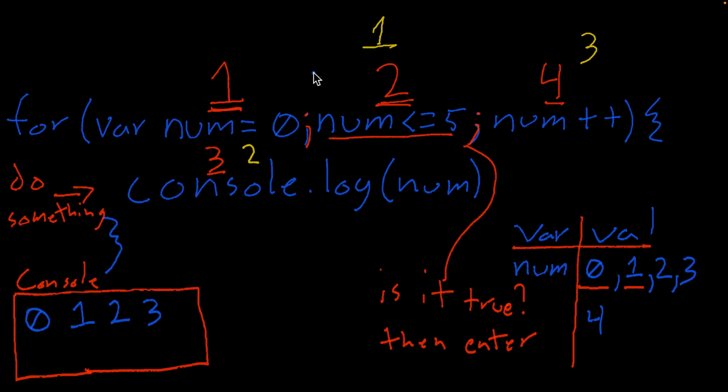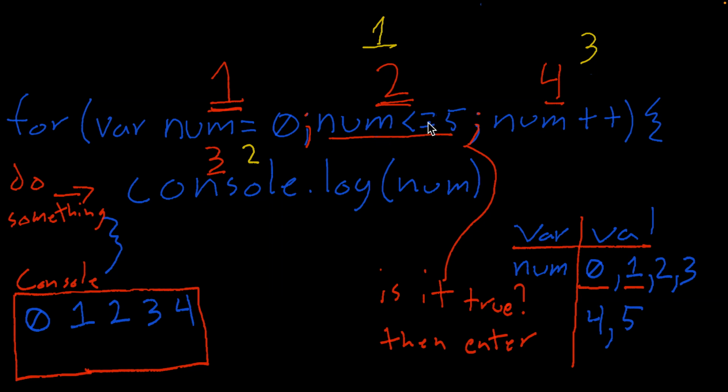So then we enter in our new step 2, console log num, console log 4. Now we'll increase num again, because we're now at our step 3. Once we finish this, we check it again. Is num less than or equal to 5? Yes, because 5 is equal to 5.